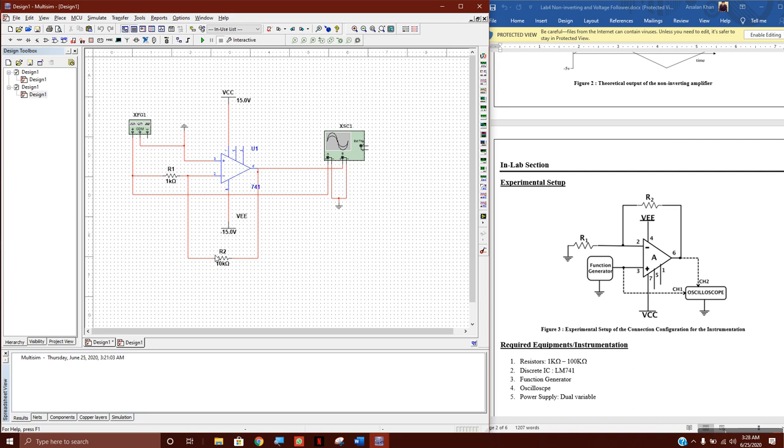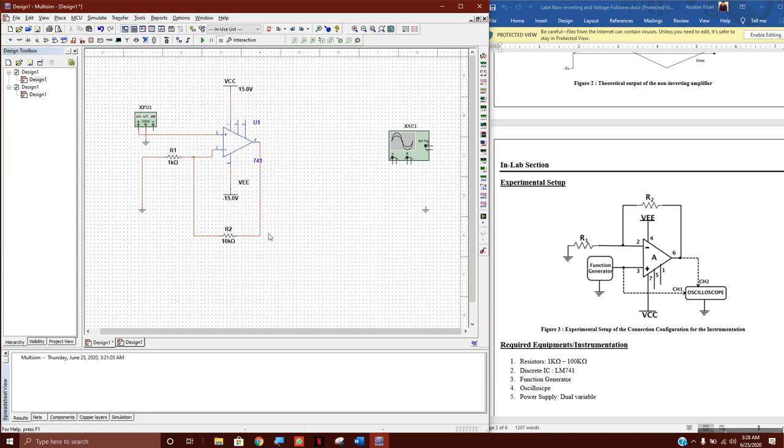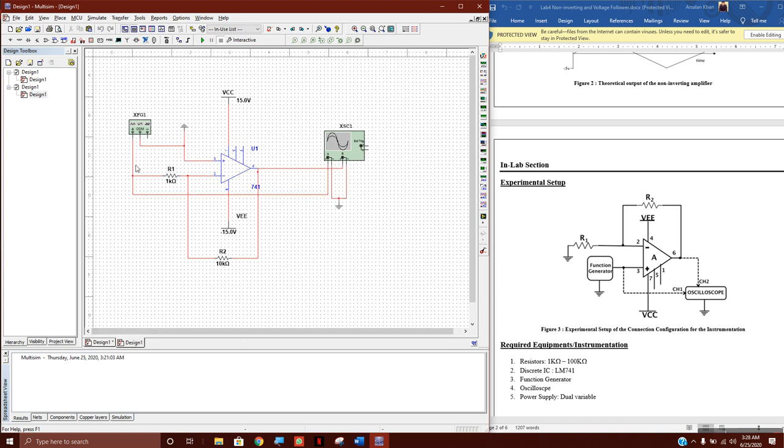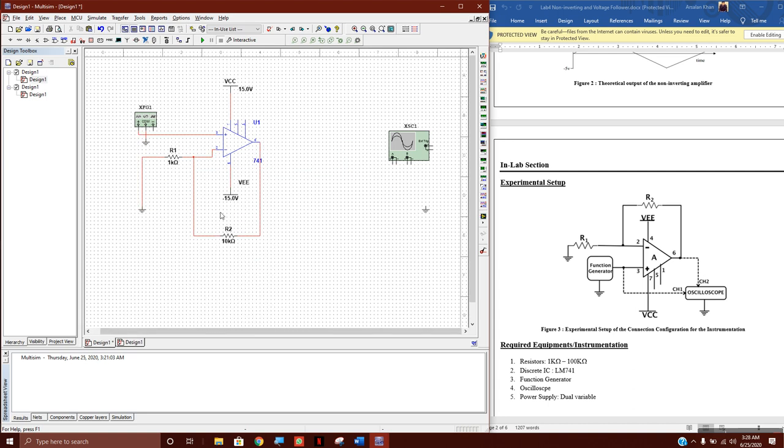The same way now, with the non-inverting amplifier, we are still using pin number 2 as our feedback loop. The difference is that the function generator is connected to the non-inverting pin and pin number 2 has ground connected. Unlike last time, you obviously remember that. So that's what's happening right here.